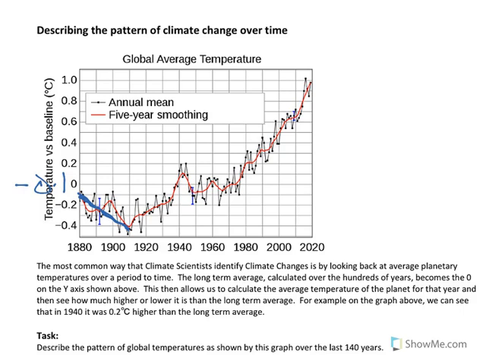We then described that over the next 30 years, from 1910 to 1940, there was an increase from minus 0.4 to about 0.1, or we could say an increase of 0.5 over that 30-year period. What we then said is it drops slightly and steadies around about 0 from 1940 to 1980. And then we talked about a rapid increase from 1980 to the year 2020, going from 0 to 1.